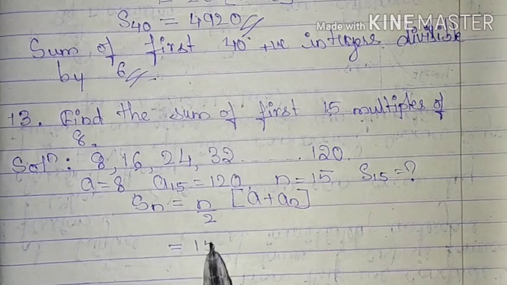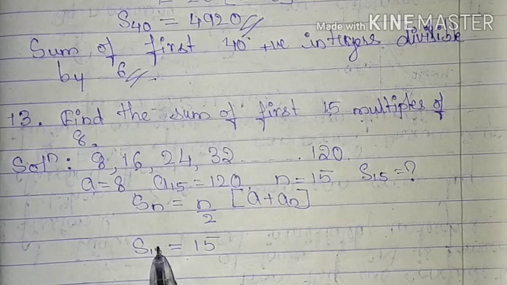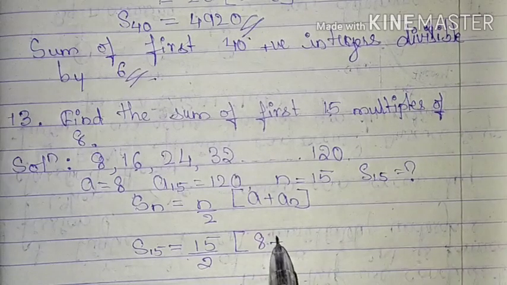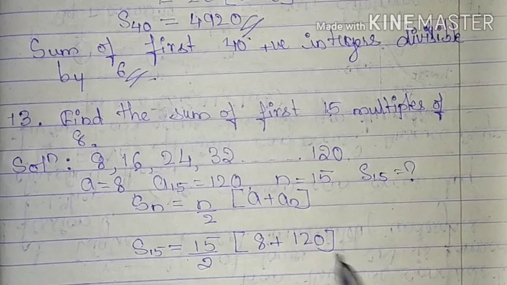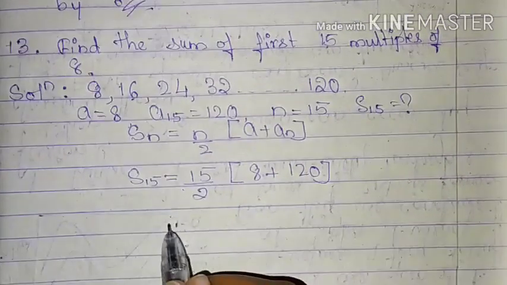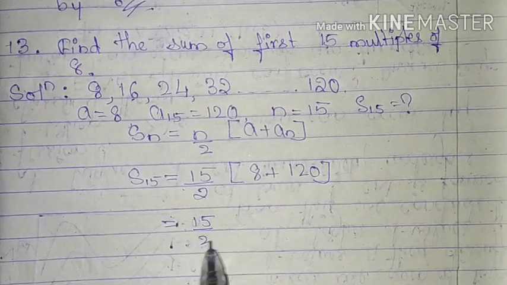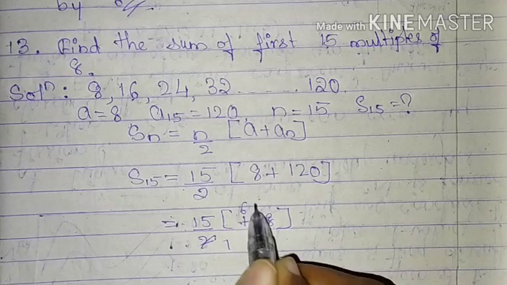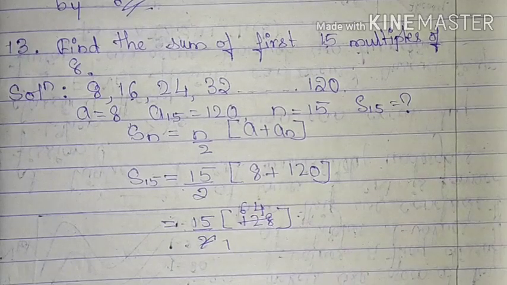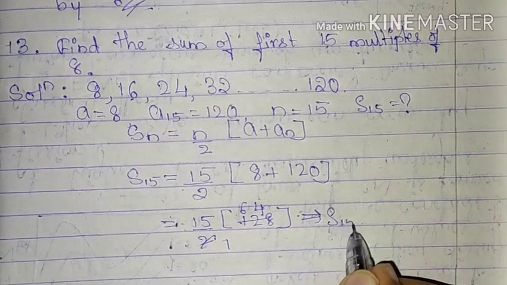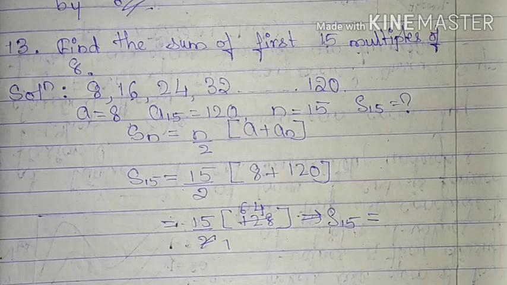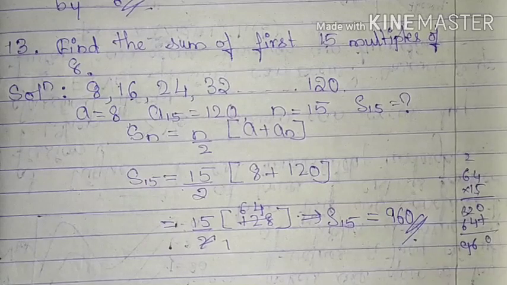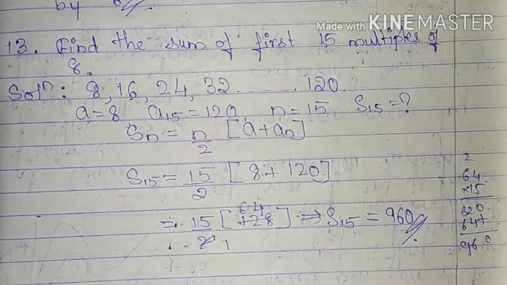So since my n is 15, S15 is 15 by 2 into (8 plus 120), which is nothing but 15 by 2 into 128. 2 times 64 is 128, which implies 15 into 64 will be equal to 960. This is our answer.